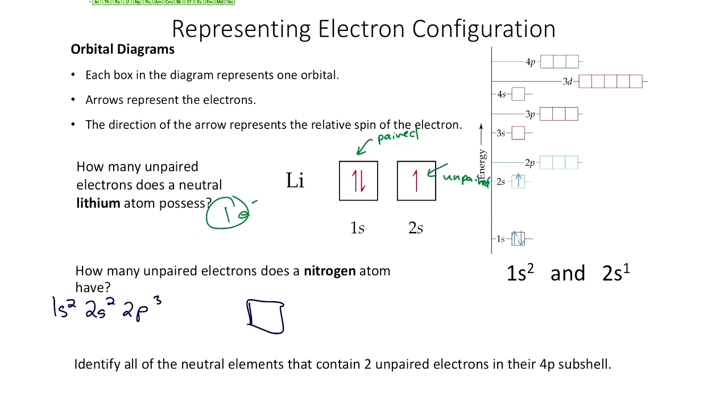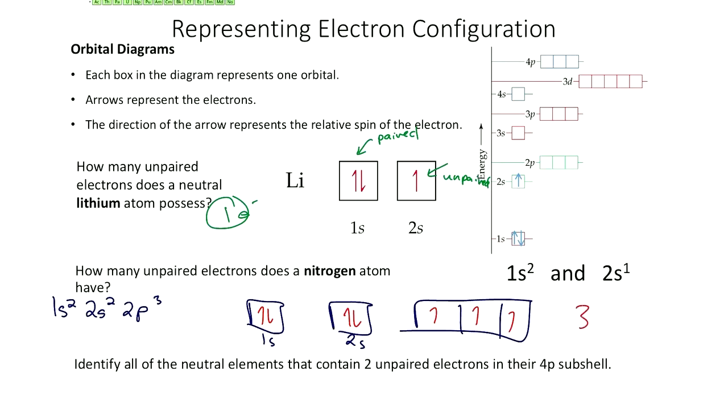There's my 1s, there's my 2s, and then there is my 2p. We're going to draw in those electrons following Hund's and Aufbau's principle. 1, 2, 3, 4, 5, 6, 7. There we go. So how many unpaired electrons are on nitrogen? 3. So that means you have to draw it correctly and do the electron configuration correctly.